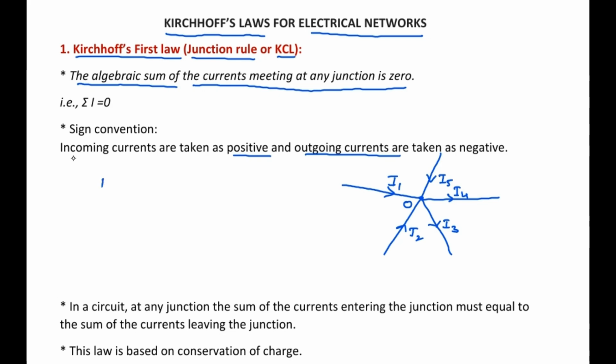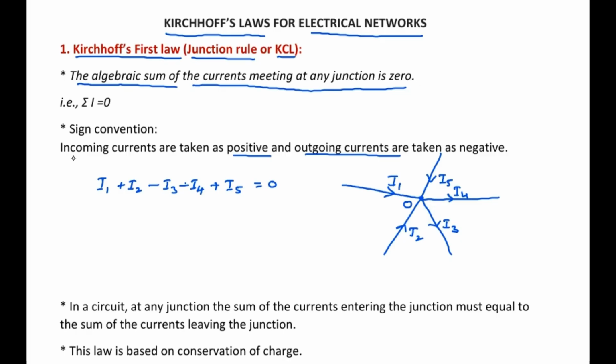So I1 is positive, I2 is positive according to the diagram, I3 is negative, and I4 also negative, but I5 is positive. That is equal to 0. This is as per the statement.